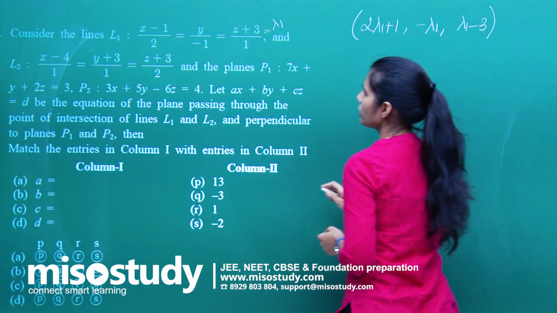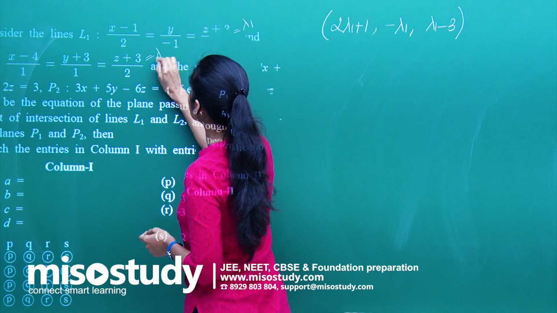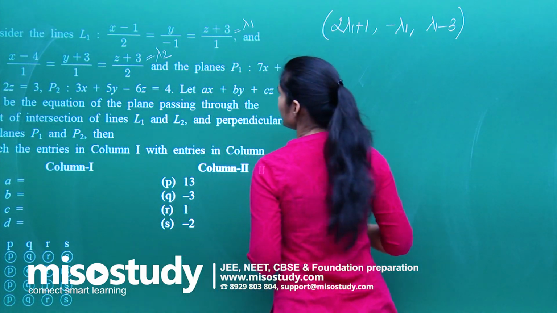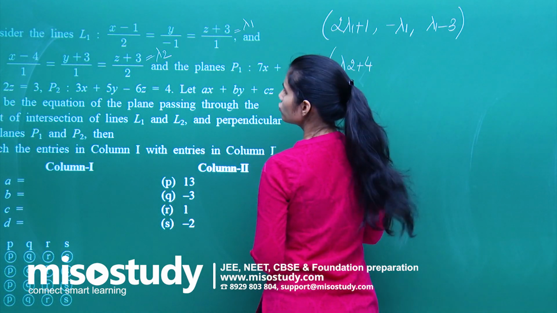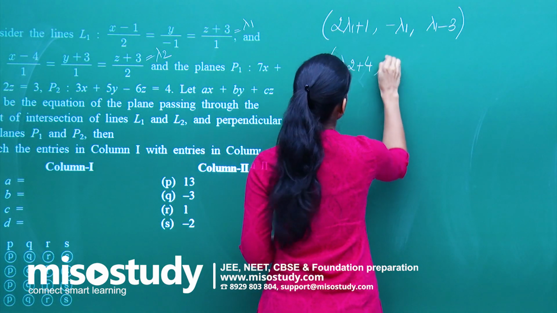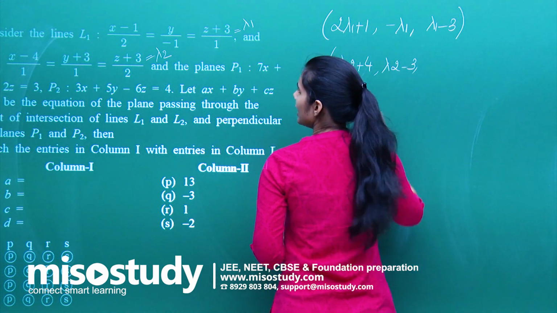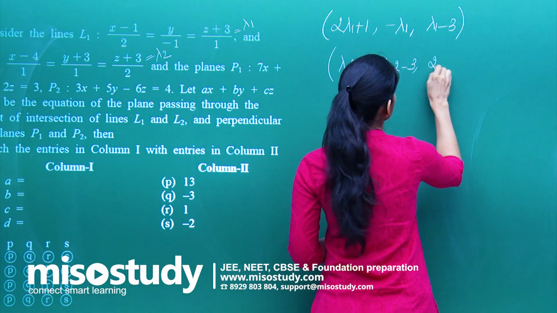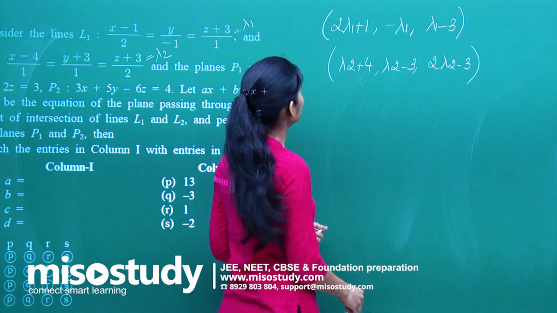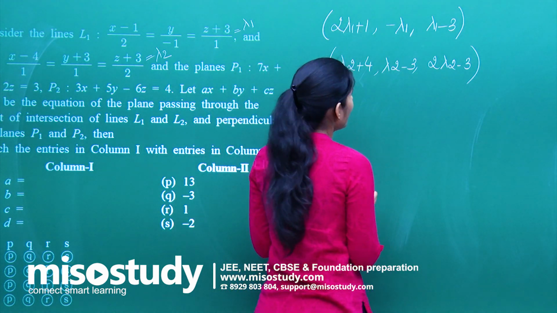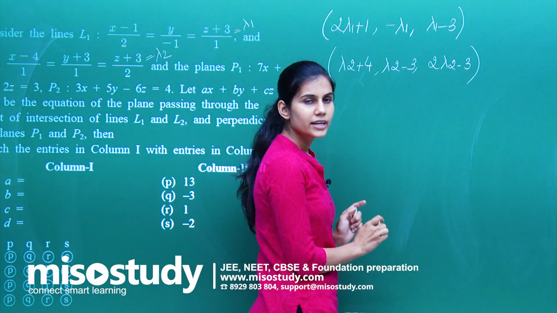And any arbitrary point on line 2 will look like what? Say this is equal to lambda 2. It will be lambda 2 plus 4, lambda 2 minus 3 and 2 lambda 2 minus 3. Fine. Now, this is how they look like an arbitrary point on line 1 and line 2.